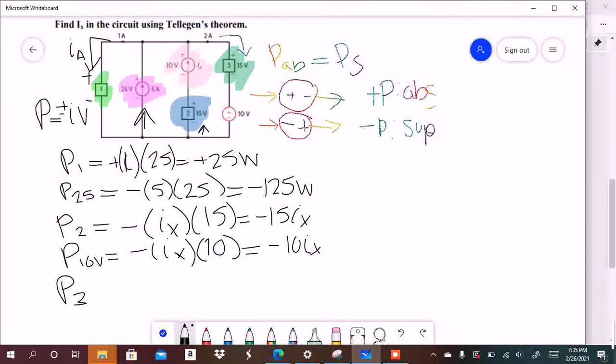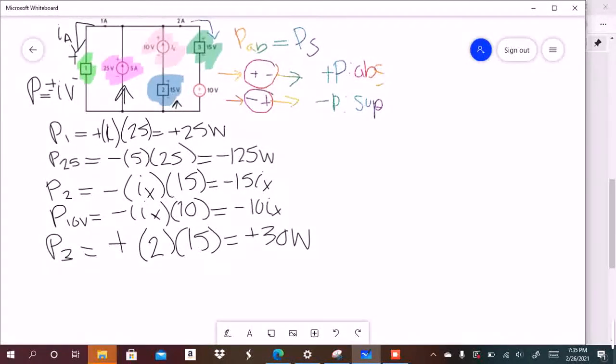Okay, box 3, it enters the positive side. The current is 2 amps, and the voltage is 15. So it goes to positive 30 watts.